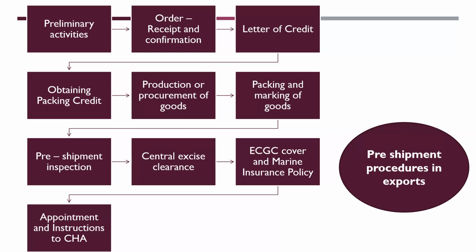Second, once things are set, we need to look out for an order. So how are we going to get the order? The way I said, through contacts, or maybe if we know someone who can purchase our goods in bulk quantities and then wants to sell it further. So through contacts, through known people, through the advertisement that they have received, or many times they ask for some kind of quotations.